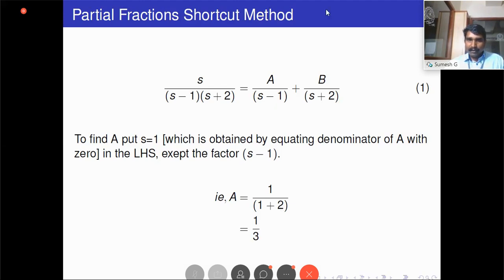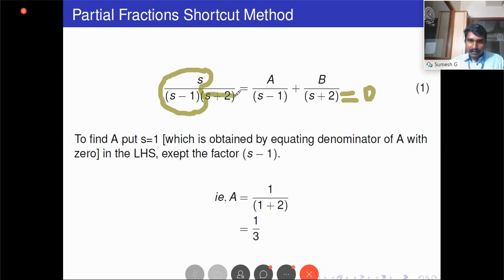Similarly, for finding the value of b, we have to equate denominator of b to 0. So we obtain s equal to minus 2. S equal to minus 2 is substituted in this expression only.